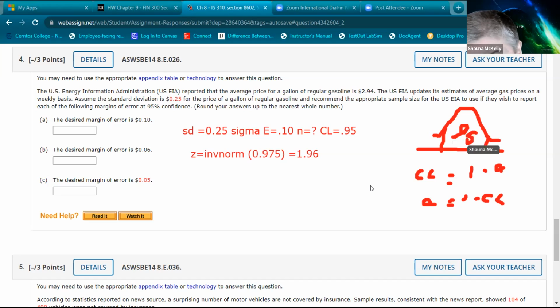This is 95. And then these are 2.5% each.